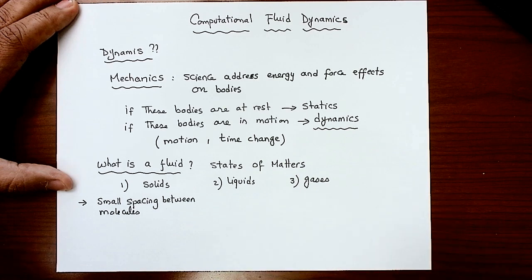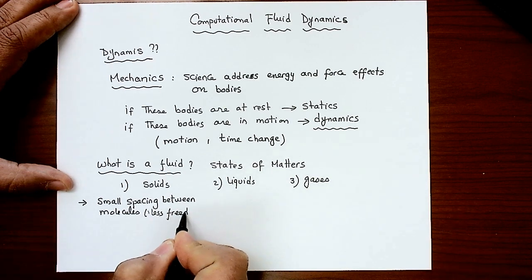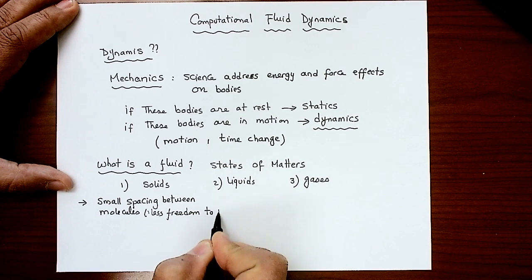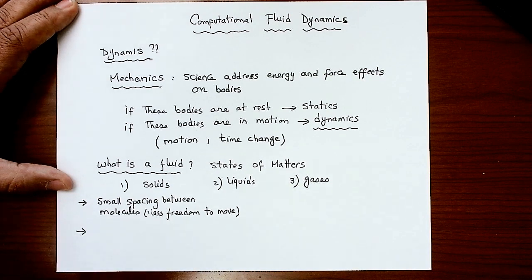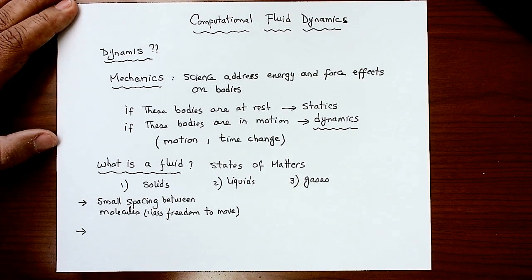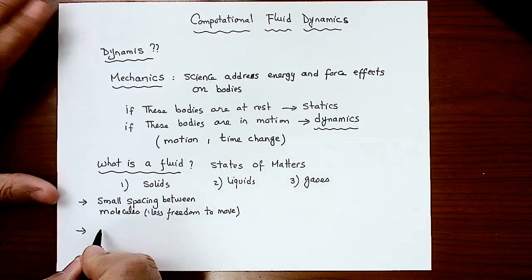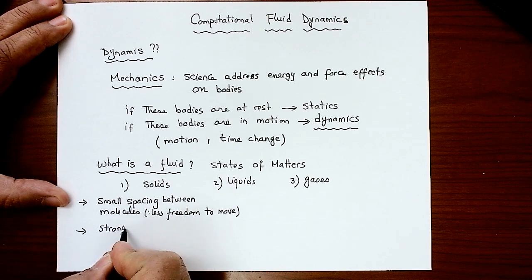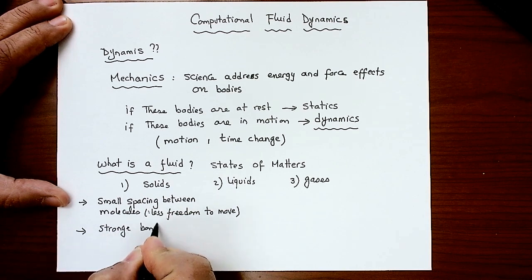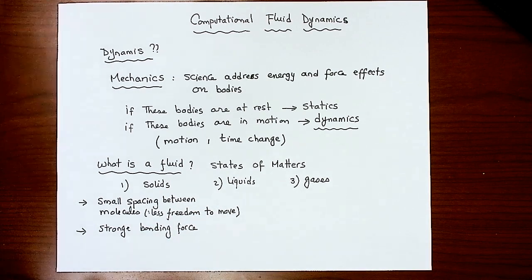So solid molecules have less freedom to move. The second important characteristic of solids is the strong bonding force between these molecules. So it has strong bonding forces between the molecules.